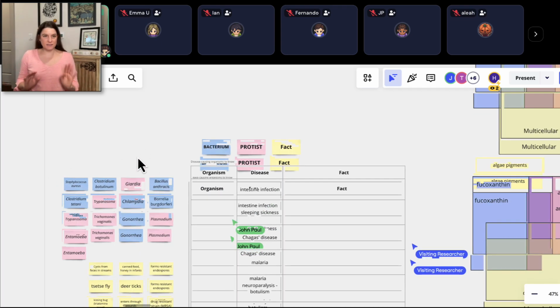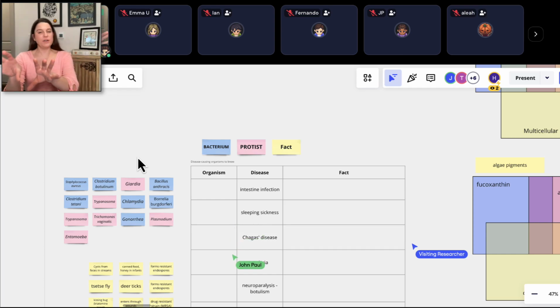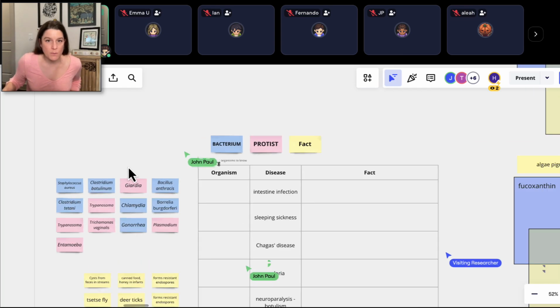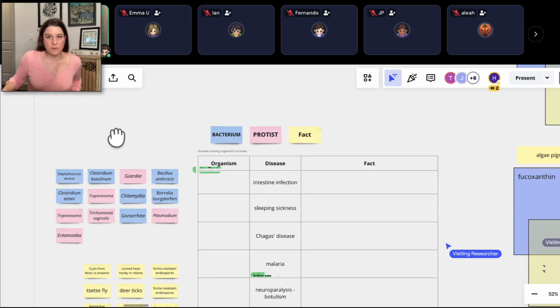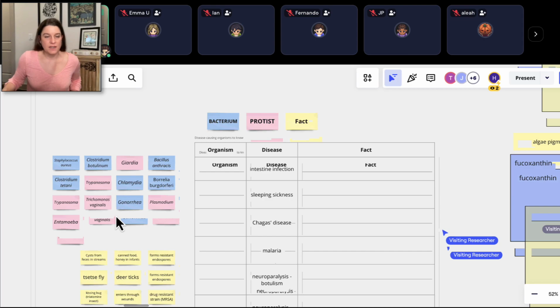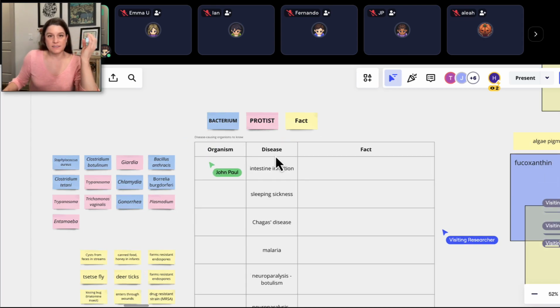If you need to know the specific names, they'll be on that PDF review sheet and also here. So take a moment and see how much you can remember about the groups that cause these different infections, and then there's a fact about them.